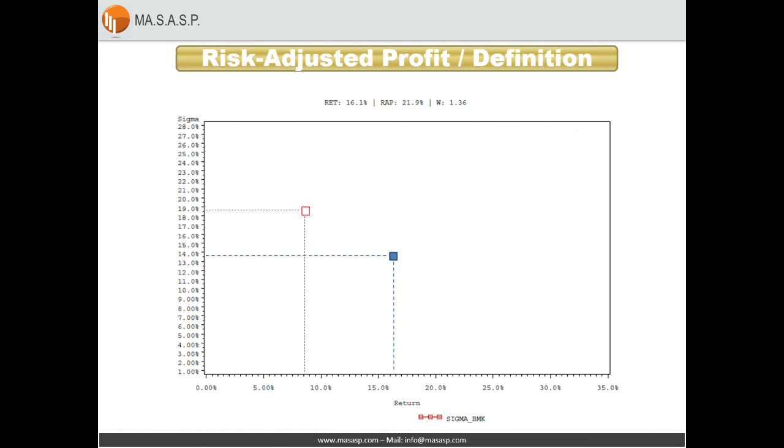Our system has a return of 16% on an annual basis. Taking into account the volatility ratio defined so far, though, it is as if it had a return of nearly 22%.